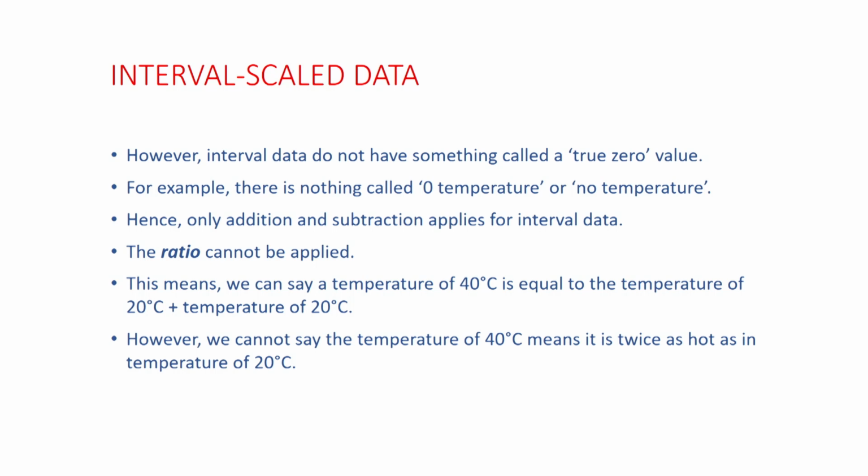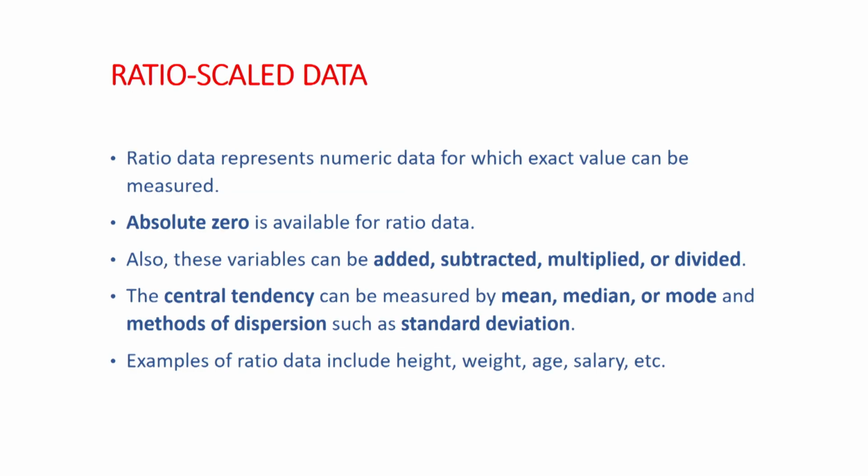For example, 40 degrees Celsius is equal to 20 degrees Celsius plus 20 degrees Celsius. But if we say that 40 degrees Celsius is twice as hot as 20 degrees Celsius, then it is not correct. So, this was interval scale data.